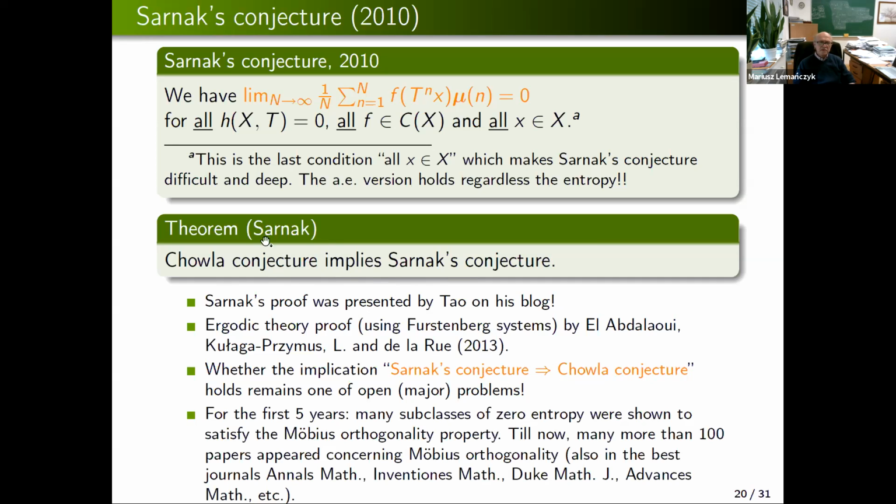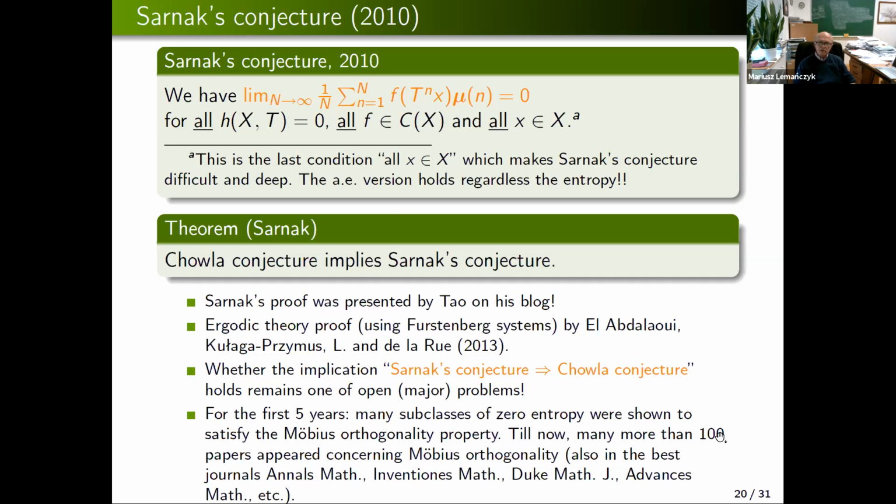In the first 5 years after announcing this conjecture, there were many papers, people tried to prove Sarnak's conjecture. In fact, they proved Sarnak's conjecture in many classes of zero entropy systems.